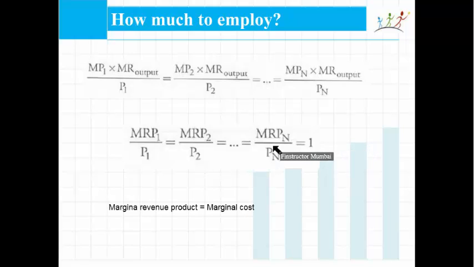That means whatever revenue I'm earning is equal to the cost of the input. That means I am at the profit maximizing level as discussed in so many slides earlier. You should continue production till the time marginal revenue equals the marginal cost.